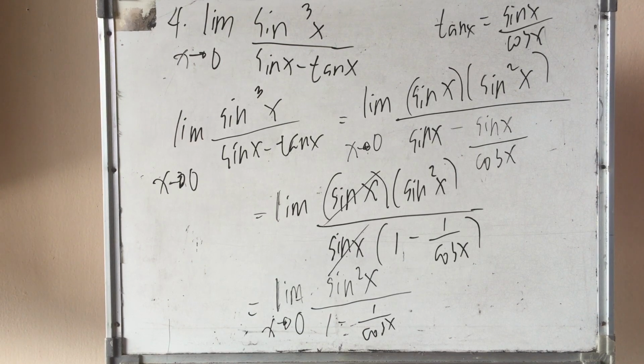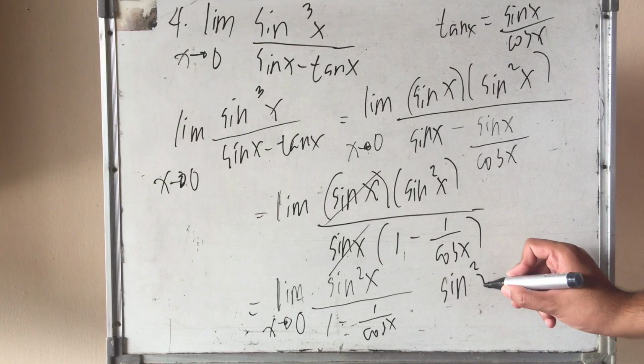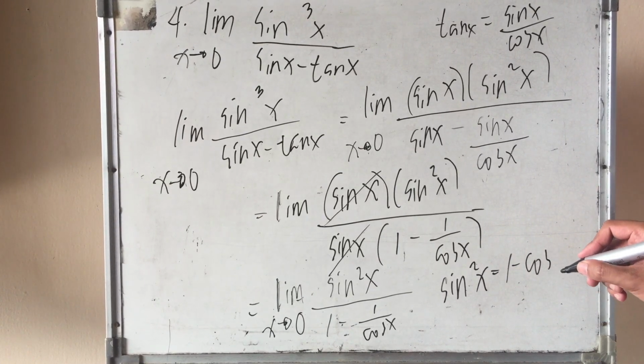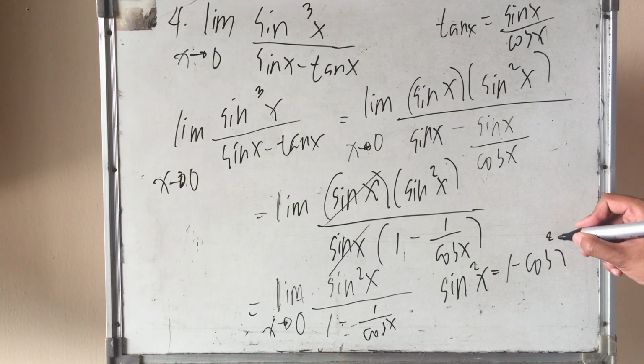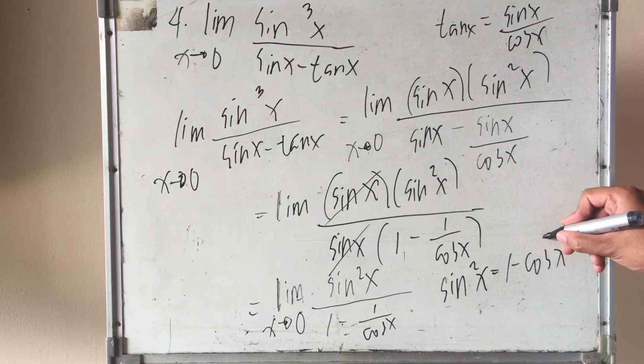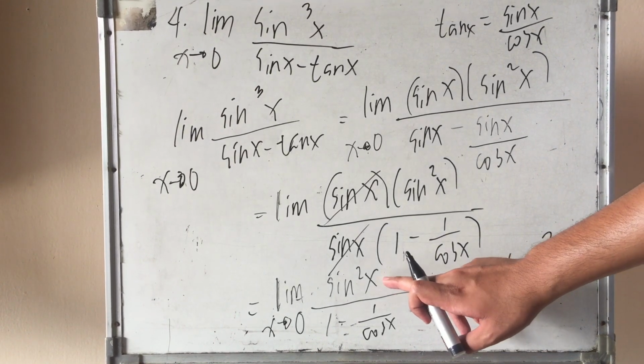So using the Pythagorean identity of sine squared x is equal to 1 minus cosine squared x, again apply and substitute this in the given equation. So the Pythagorean identity of sine squared x is equal to 1 minus cosine squared x. So apply this identity in this equation.